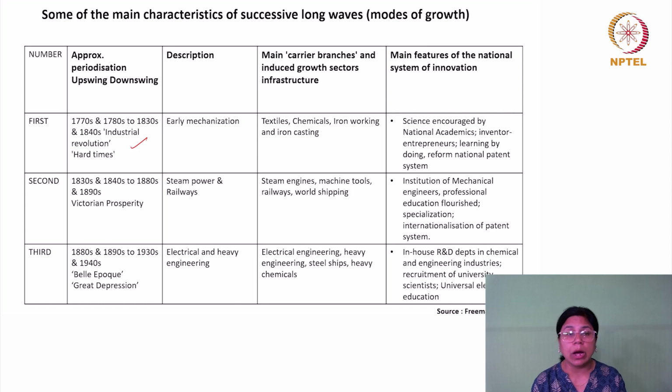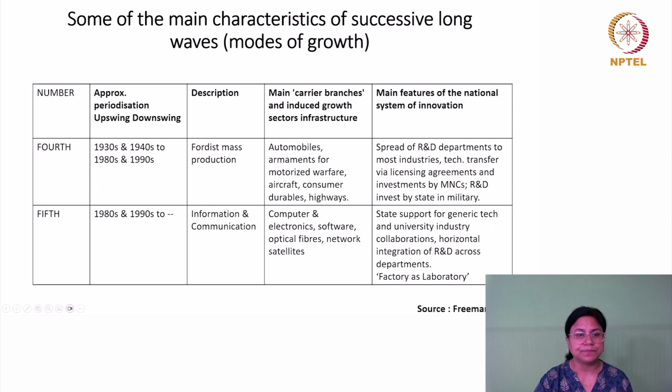These were also the outcome of the in-house research and development done by the chemical and engineering industries. If you remember, we have again and again talked in this course of how during the first half of the 20th century, these large R&D labs were very prominent. Moreover, they were also recruiting university scientists, and there was also a spread of elementary education.